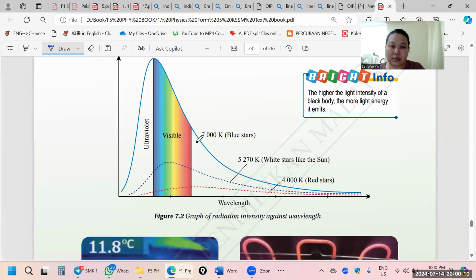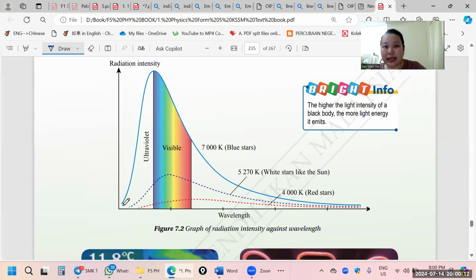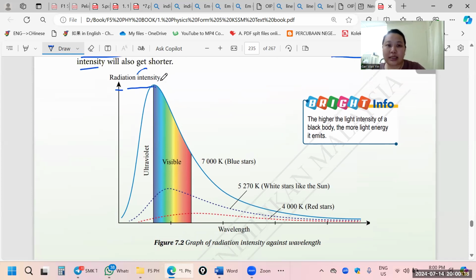So normally, UV light will give the highest radiation intensity. What is intensity? Anyone can tell? For example, light intensity. When we say something has high intensity, we say it is brighter.